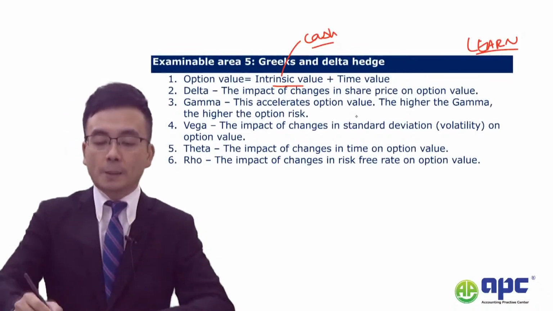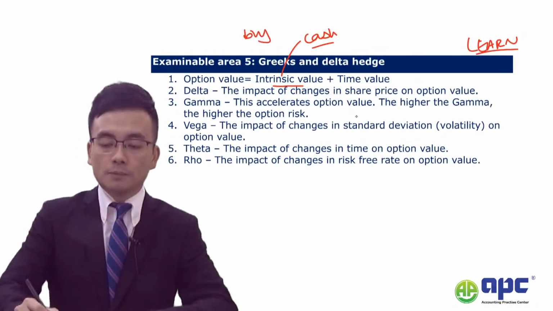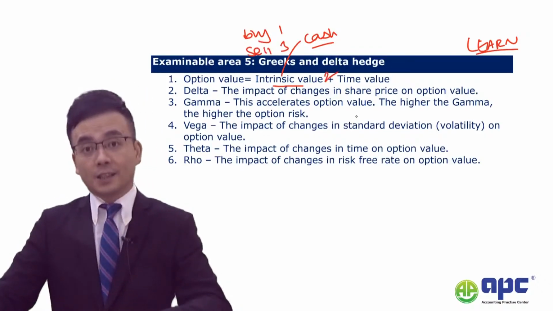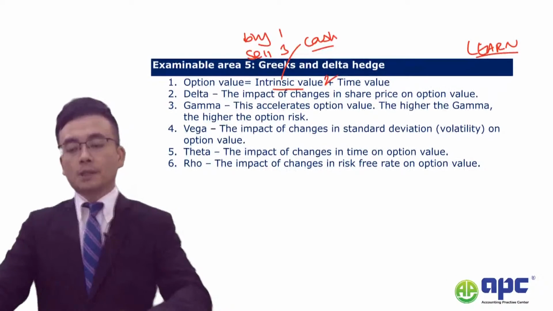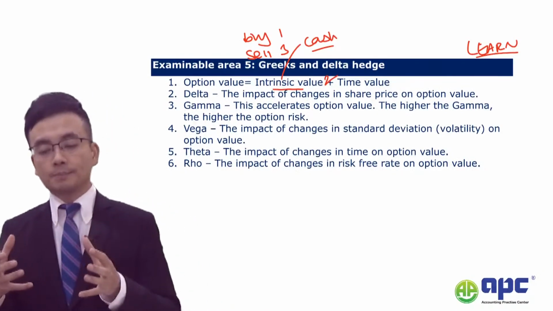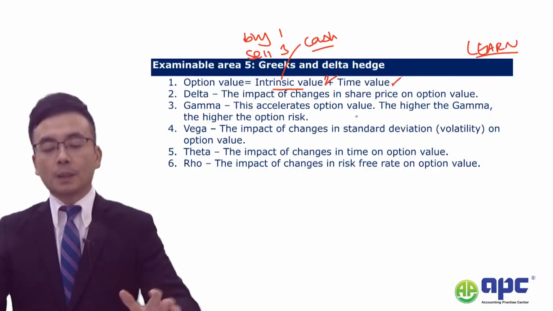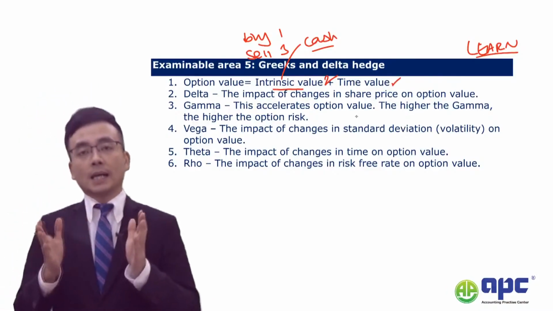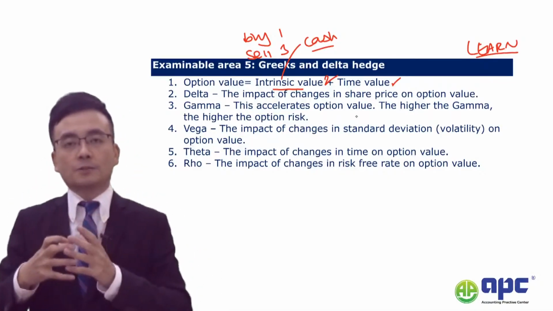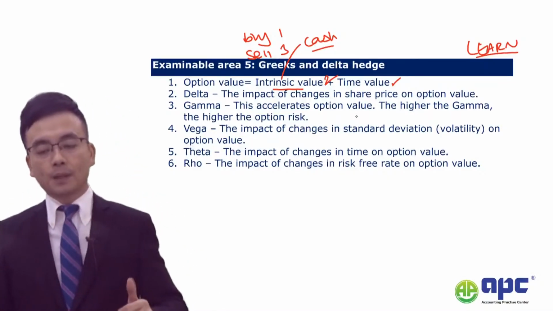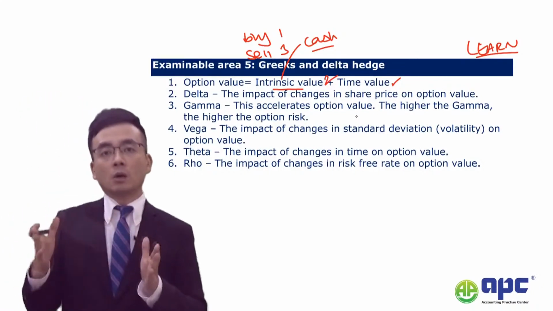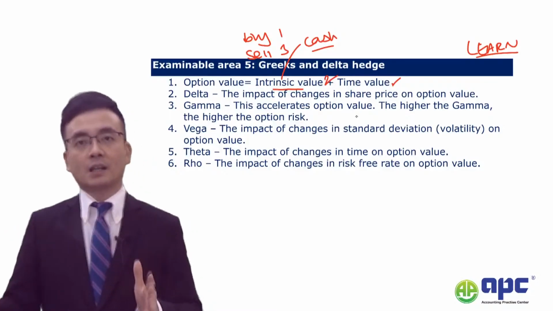For example, if I can buy at 1 but sell at 3, the intrinsic value will be 2. That's it. It compares the asset price with the exercise price, plus the time value, because you can wait, and during that period the option value would fluctuate significantly. So time value will increase the longer the duration before you can exercise the option.